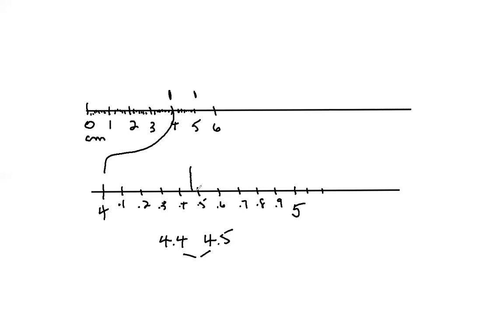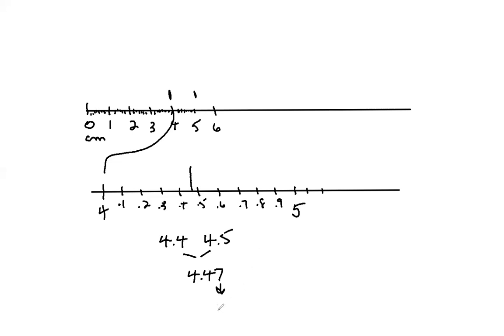To get a measurement that's in between these two, we have to go to the next decimal place. So 4.4, and then we're going to estimate. If we estimated that we could divide this into 10 sections, right in between the 0.4 and 0.5 would be 5. So maybe that is 4.47. This digit right here, we estimated that. Someone else might think that was 4.46 or 4.48.